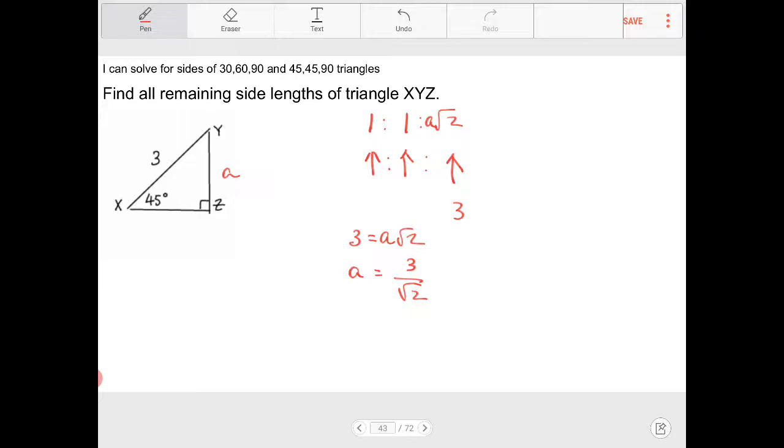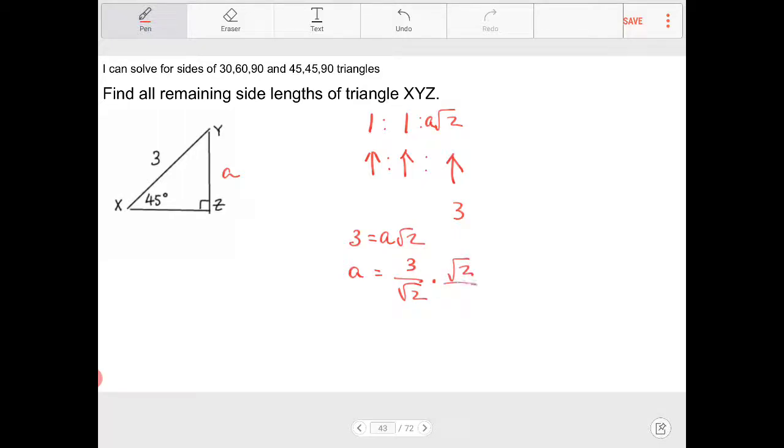Now there's something in math we call rationalization. So what exactly is rationalization? Whenever we have a number where there's a radical in the denominator, we've got to not leave it there. We've got to clean it up a little bit. We can't have radicals in the denominator. So to get rid of the radical in the denominator, we're going to multiply both the numerator and denominator by whatever the radical is in the denominator.